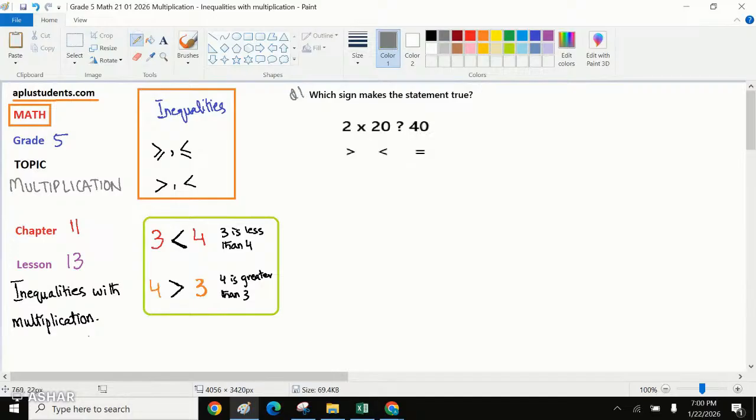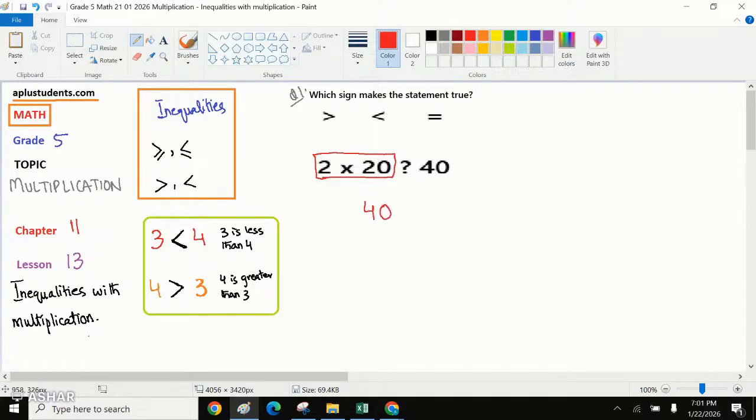So when 2 is multiplied by 20, what should the answer be? When 2 is multiplied by 20, the answer should be 40, right? 2 multiplied by 20 is 40.